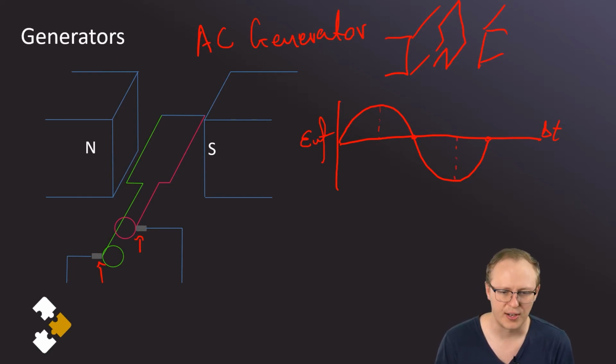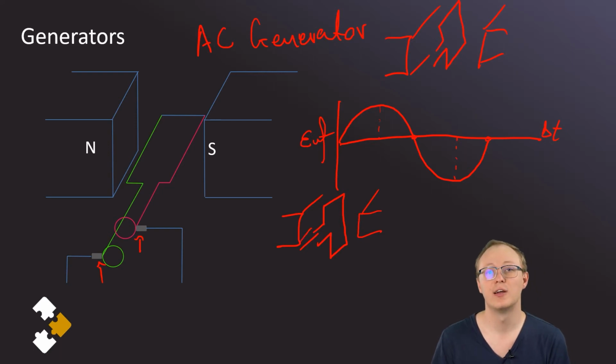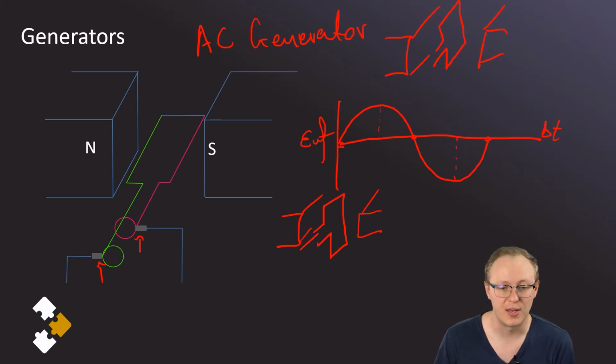And let's see. Okay, so when we've got the armature in this vertical position like this, within the magnetic field, it's going to look something like that, right? That is when we're going to have zero induced EMF. So it's in this vertical position that we don't have a current.